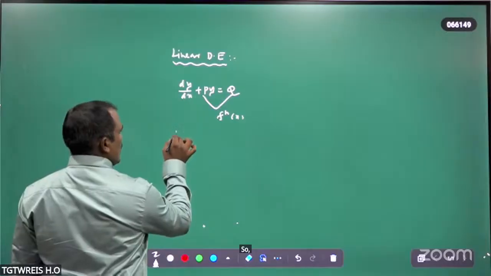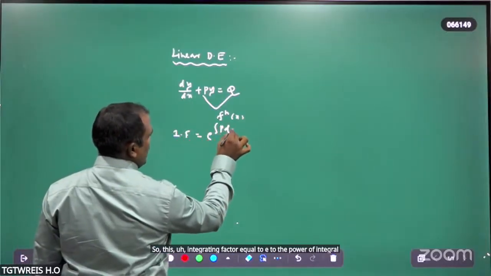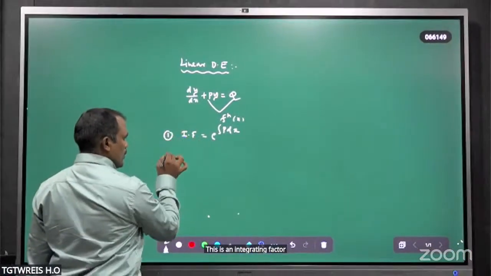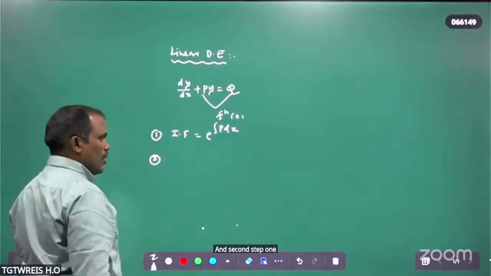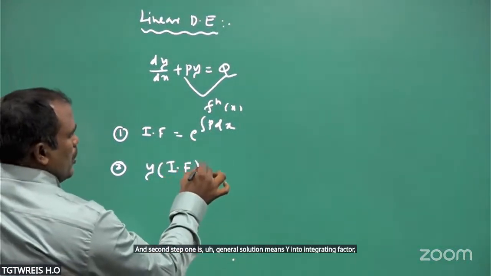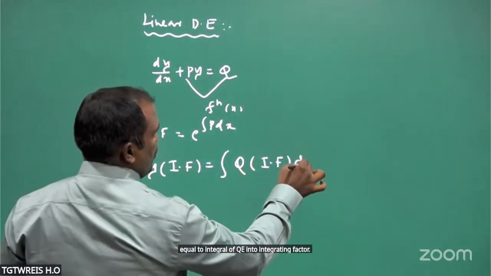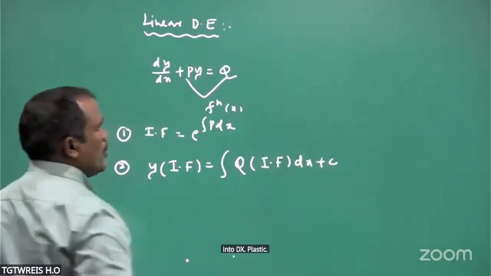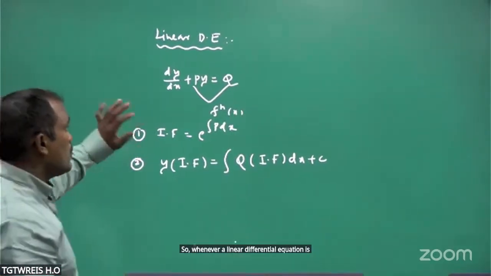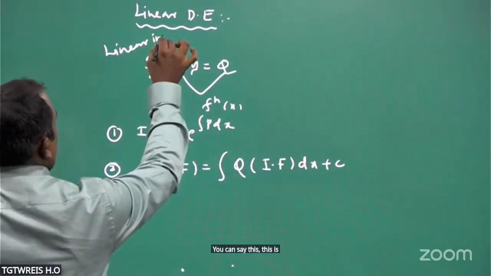The integrating factor is e to the power of integral of P dx. This is the integrating factor, the first step. The second step is the general solution: y into integrating factor equal to integral of Q into integrating factor dx plus c. So whenever a linear differential equation is given, this is linear in y.